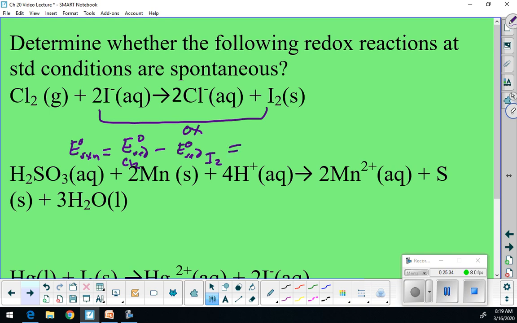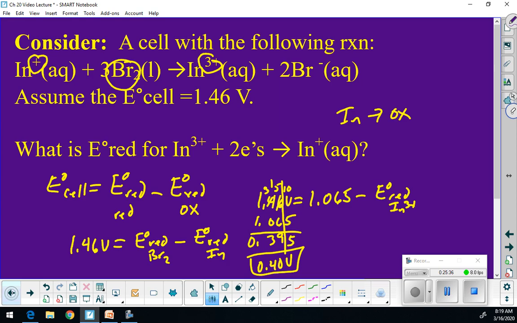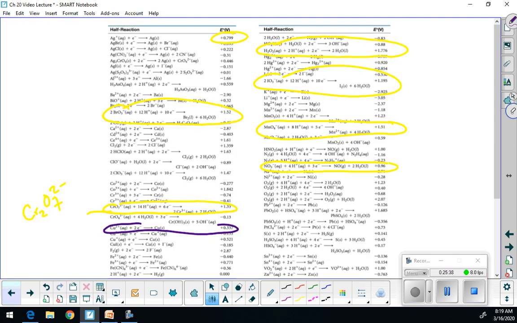So let's look those up. Chloride, where is my chloride? Right here. It is a 1.359.